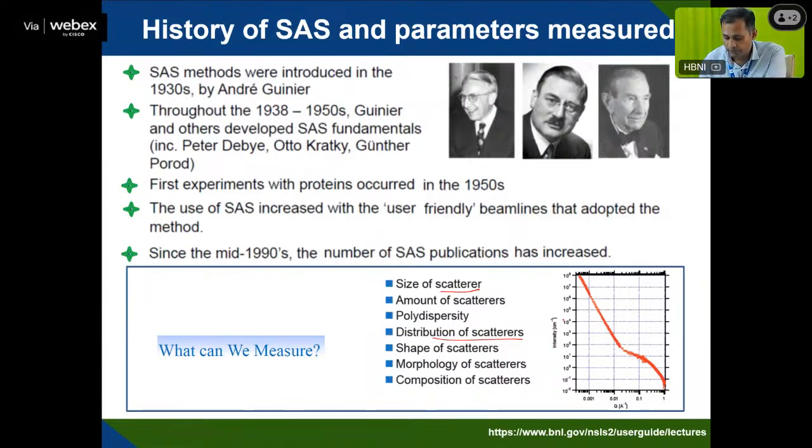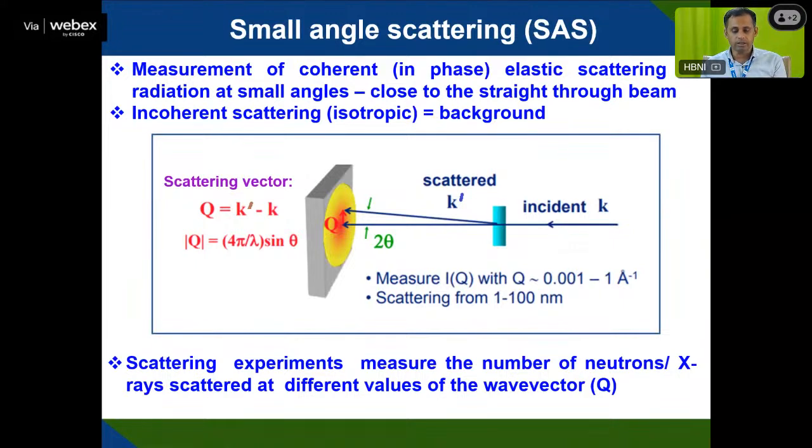You'll see intensity versus Q. In the conventional X-ray diffraction technique, we use 2 theta, expressed in theta. But here we are expressing in terms of Q. That Q is nothing but the wave vector, the scattering vector.